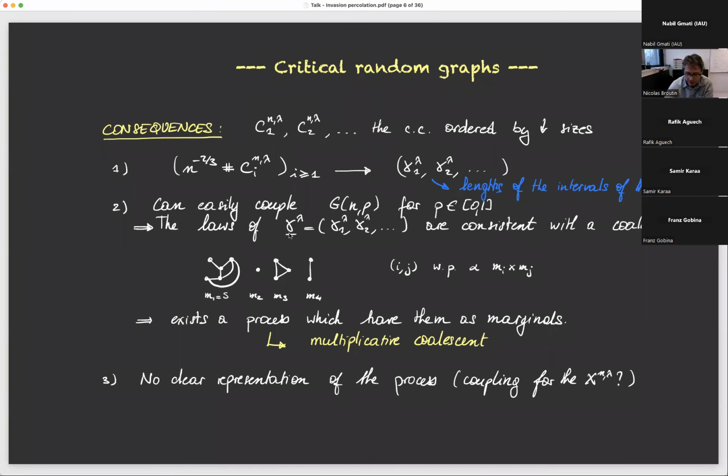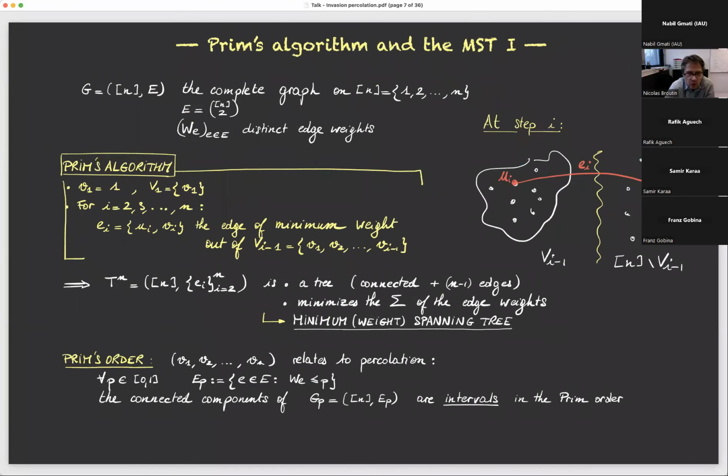We want to see it, okay? And so for this, we'll try to define some order at the discrete level that is consistent with the coalescent. And you'll see that basically I will construct this order, and then we'll say you see it has to work.